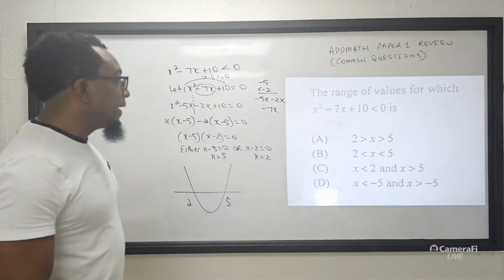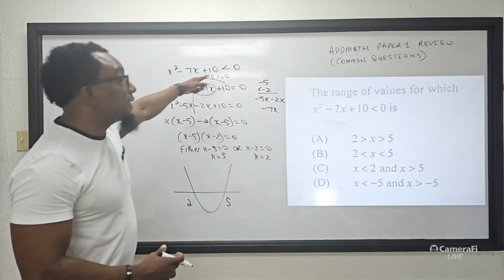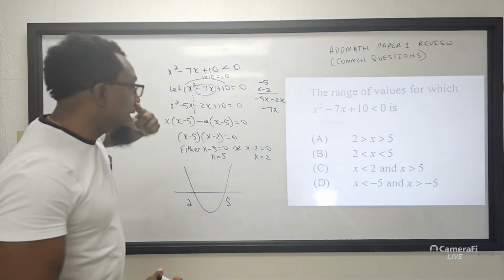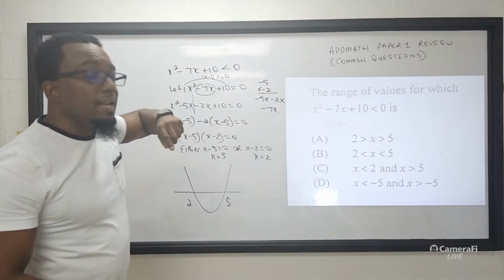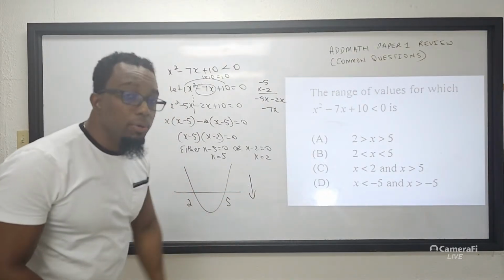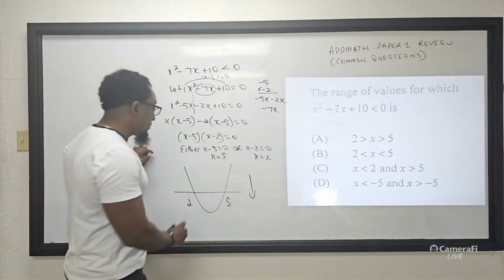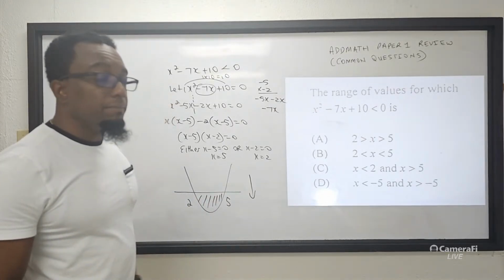And to determine where the range of values that satisfy this inequality lie, I look at the inequality symbol to help me. The inequality symbol is a less than. Less than means we're looking at the region below the x-axis. So below the x-axis, we're focusing on this region of the curve. I like to call it the belly of the curve.